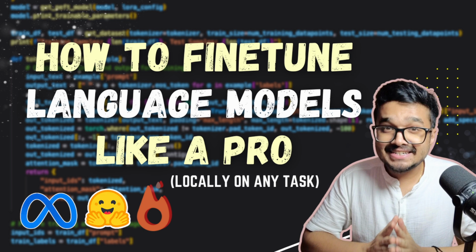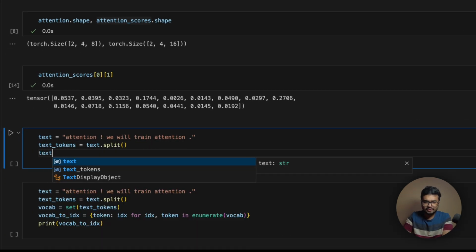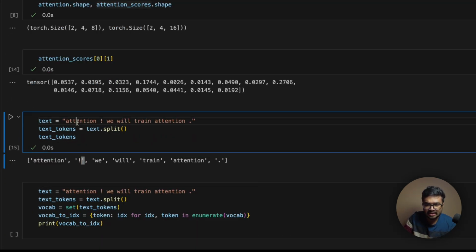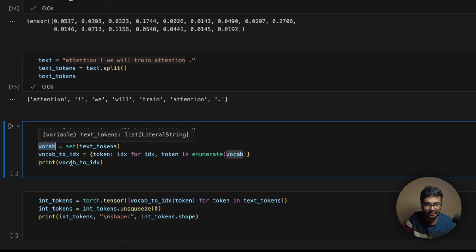But because this is a very simple example, we are just going to use a simple word-based tokenization approach. So we will first split the text, which will just split this text into individual words, and then we will create a vocabulary of the words in our sequence.